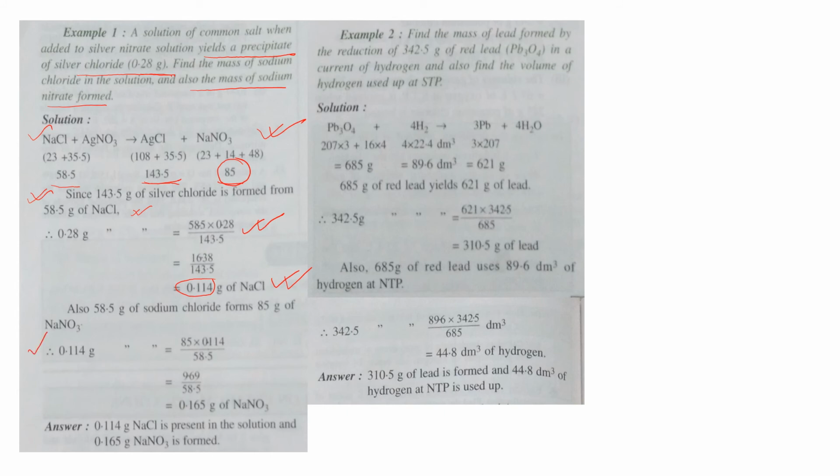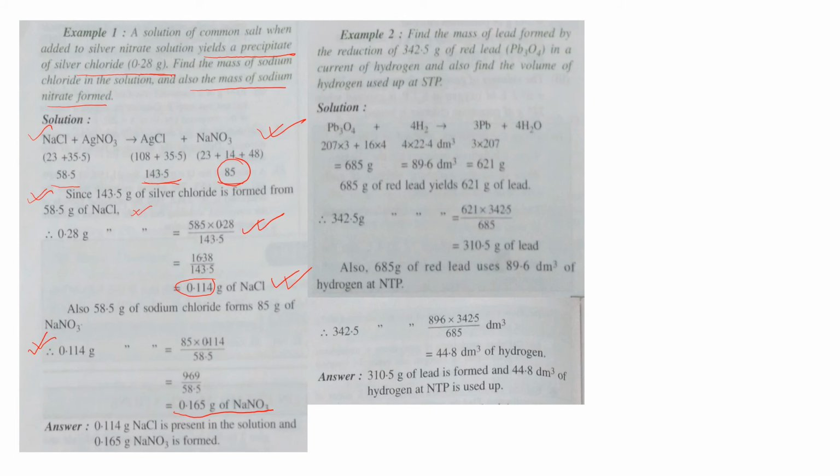So 0.114 gram of NaCl is producing this much amount, 0.165 gram of NaNO3. So this is just the unitary method. You have to think which information we have to use, and then accordingly you solve the numericals. Just a unitary method.